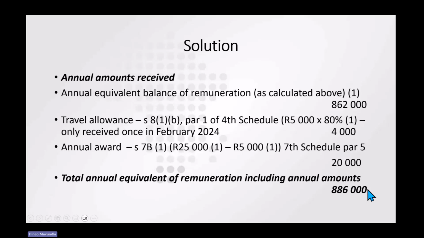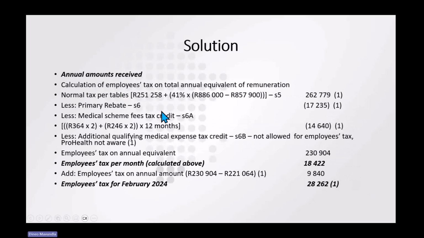And here we go to our tax table again, and we still fall under the 41% tax bracket. Then we get the amount of 262,779, less our primary rebate, less our medical scheme fees credit in terms of Section 6A of 14,640 Rand.